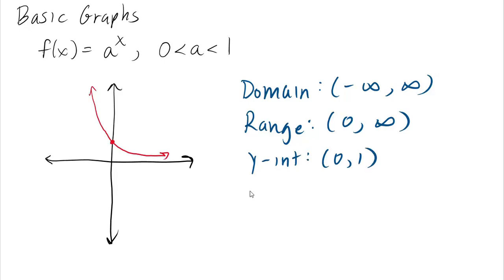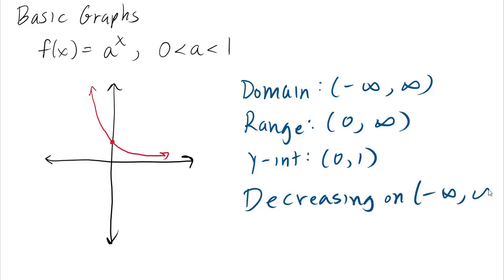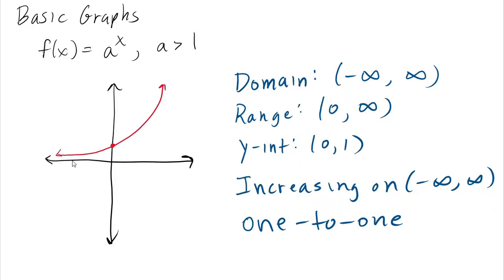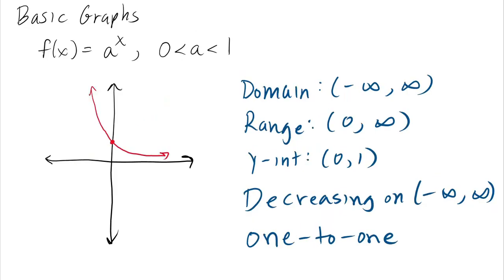But now the function is decreasing on its entire domain. As you move to the right, the graph moves down. A decreasing function will have y-coordinates that are continually getting smaller, and so this is still a 1-to-1 function. So let's recap. If the base is bigger than 1, then you've got a function that increases over its entire domain. And if the base is between 0 and 1, you've got a function that decreases on its entire domain.